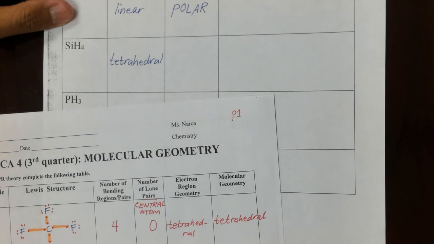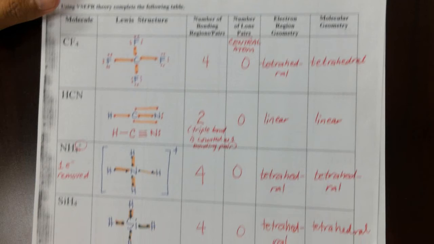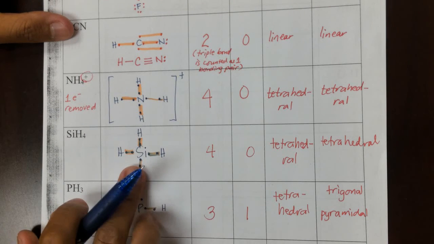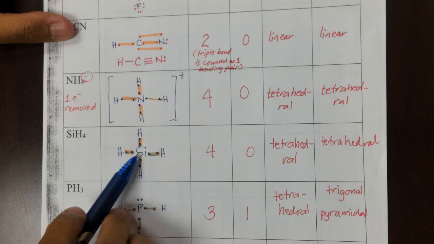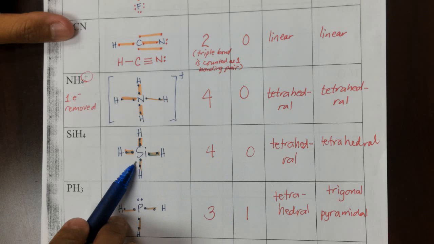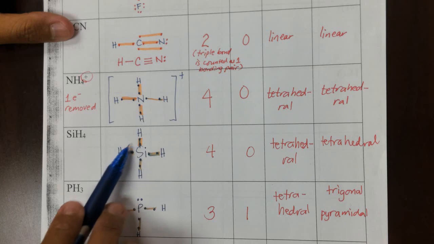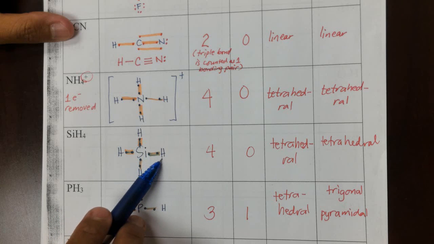Okay? Then after that, let's look at if it's polar or non-polar. Let's look at the drawing. First criteria: does it have a lone pair in the central atom? No, it's 0. So criteria 1 is okay. Second criteria: are the terminal atoms made of the same element?